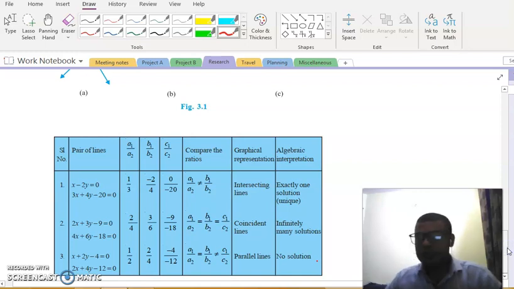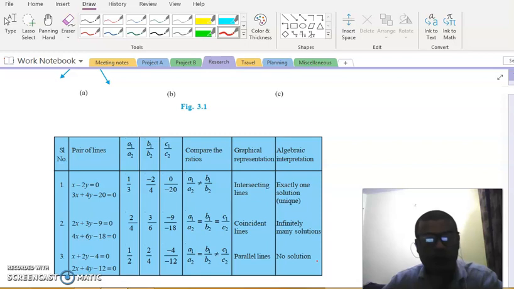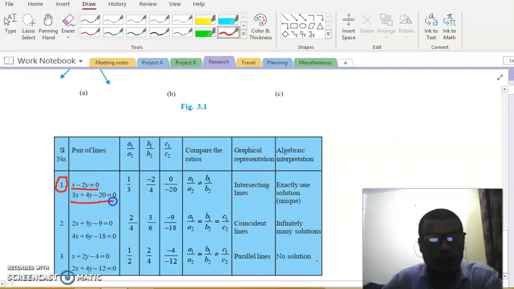So this is a chart we have made to make you understand all the three conditions. I took an example. So this is one line, x minus 2y equal to 0, and this is the equation of another line.